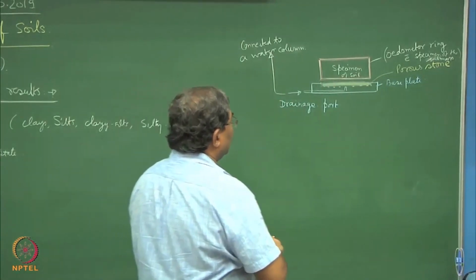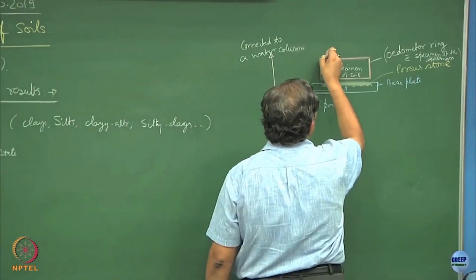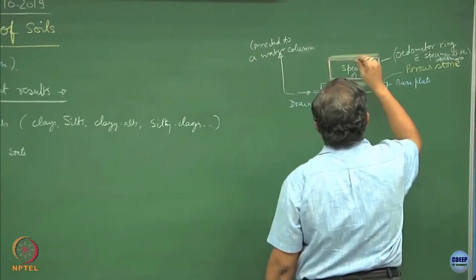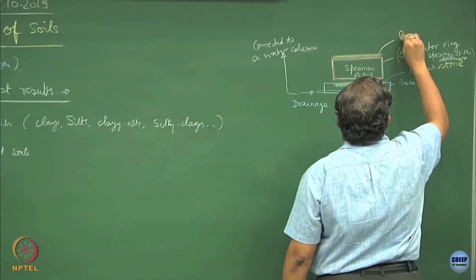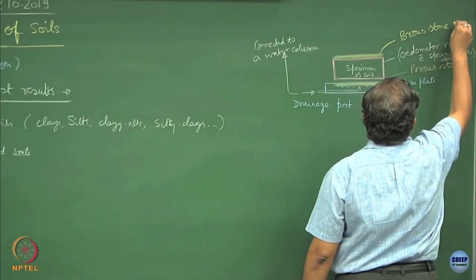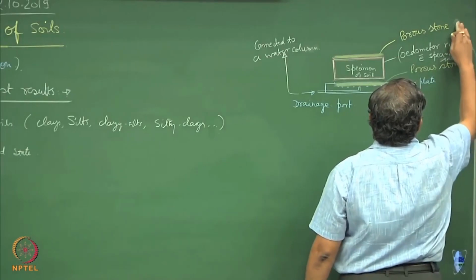We will put a porous stone at the top also. So, this is porous stone number 2, or you can say top and bottom.